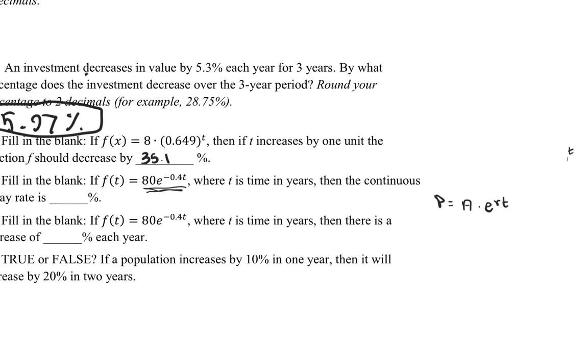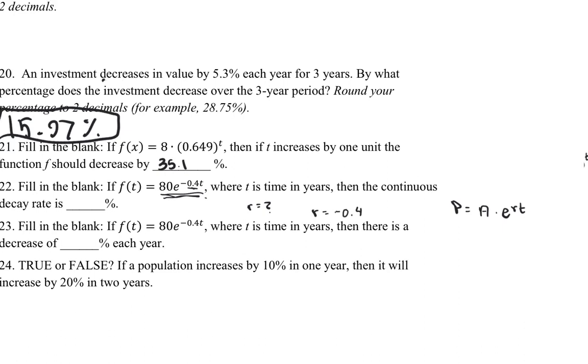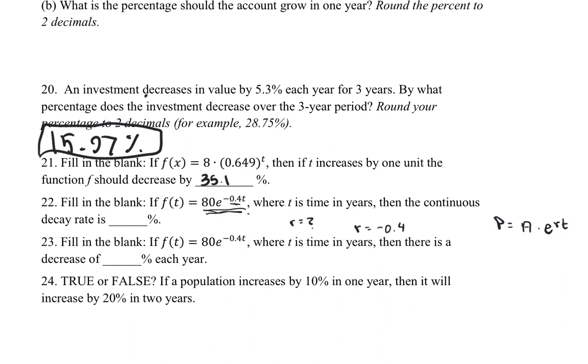So here we know that r is what we're looking for. It equals negative 0.4. And they said it's already decaying, so negative 0.4 as a percent, we're going to be decreasing by 40%.